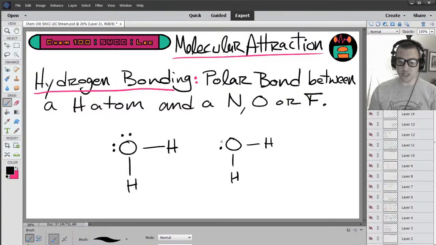It happens between two water molecules. And as we know, we have a partial negative on our oxygens, and partial positives on all of our hydrogens.